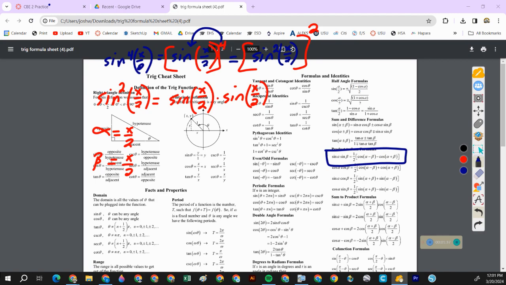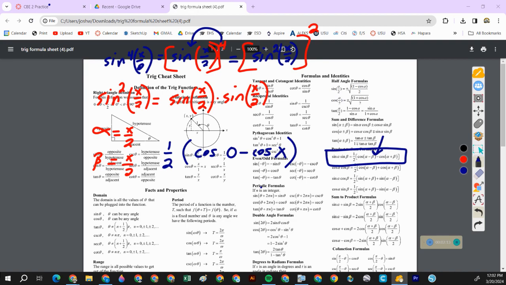So using this formula here, I get 1/2 times the cosine of x over 2 minus x over 2, which is just 0. We're going to subtract the cosine of x over 2 plus x over 2, which is just x.